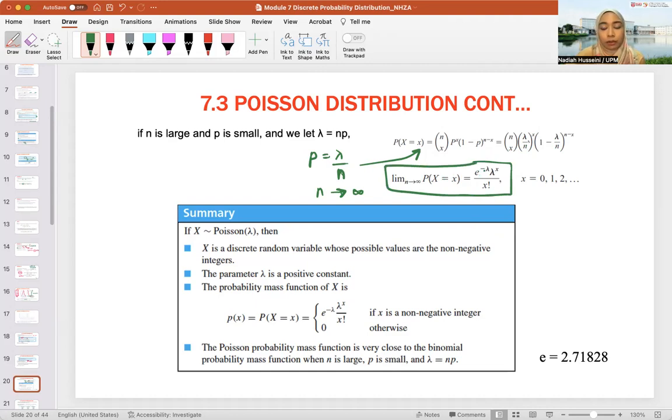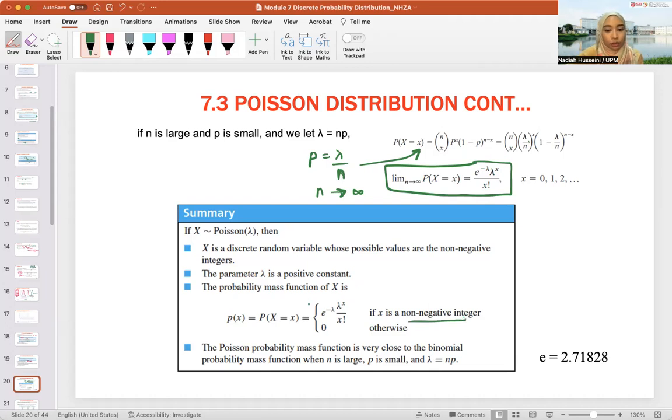It's e to the power of minus lambda, where lambda is NP, times lambda to the power of x, over x factorial. A condition when you use the Poisson distribution is that x must be a non-negative integer.